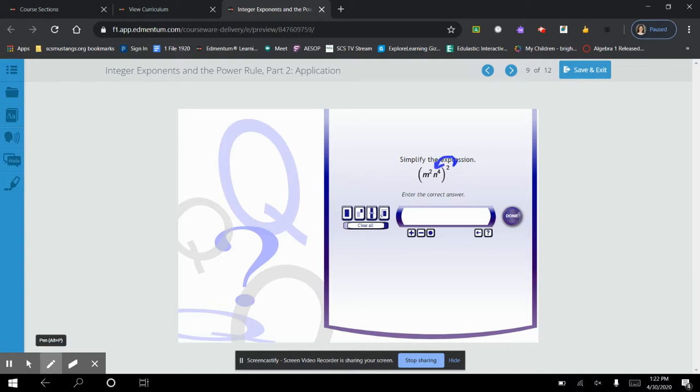So that 2 needs distributed to all of the exponents on the inside. So if I show my work, I'm going to have m to the second power, which is what I started with, times 2, which was the exponent on the outside, times n to the 4th power times 2. And if I simplify, I'm going to have m to the 4th times n to the 8th. And you would just type that in right there.